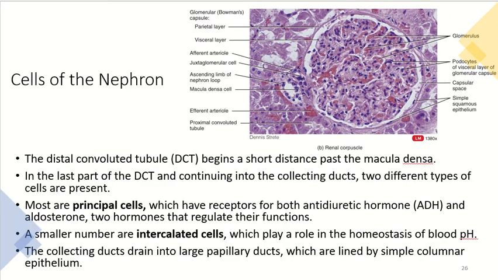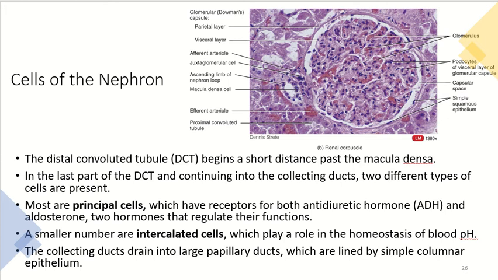Then the distal convoluted tubule is going to begin a short distance past the macula densa. In the last part of the distal convoluted tubule and continuing into the collecting ducts, there are going to be two different types of cells present. Most of the cells are going to be principal cells, and these are going to have receptors for both antidiuretic hormone, or ADH, as well as aldosterone.